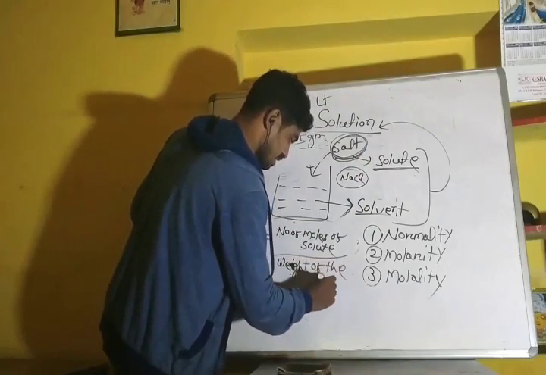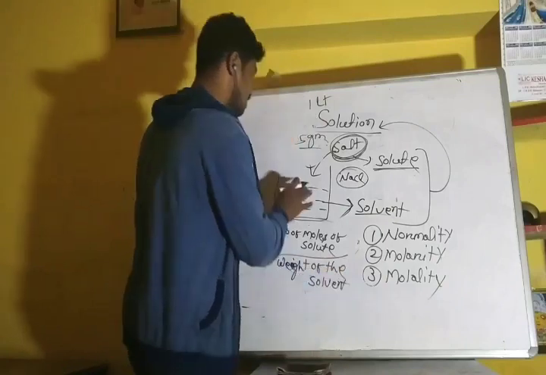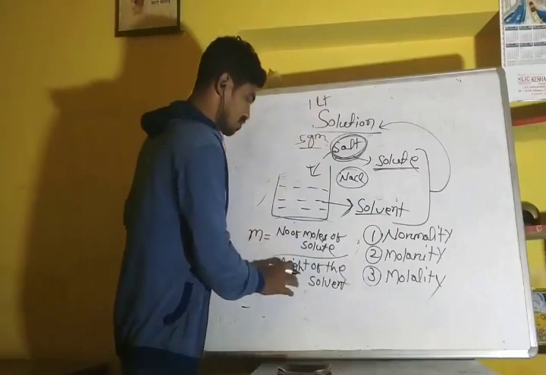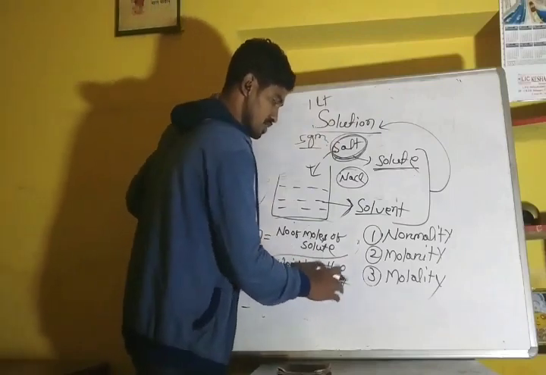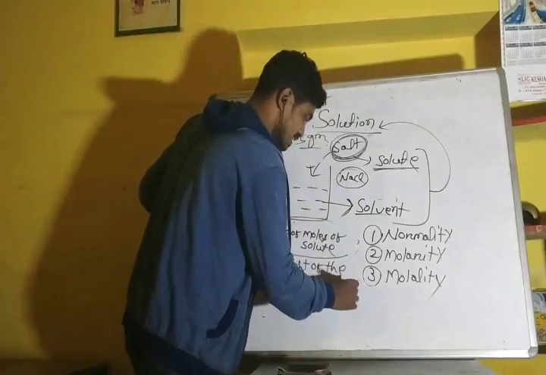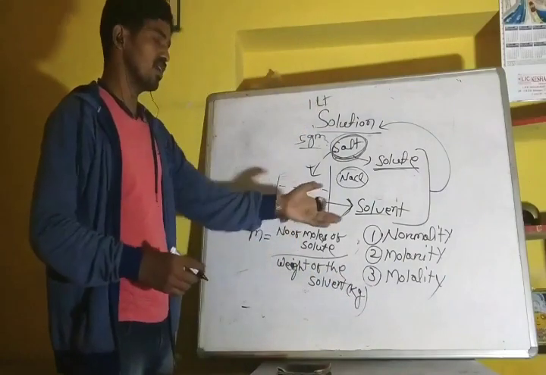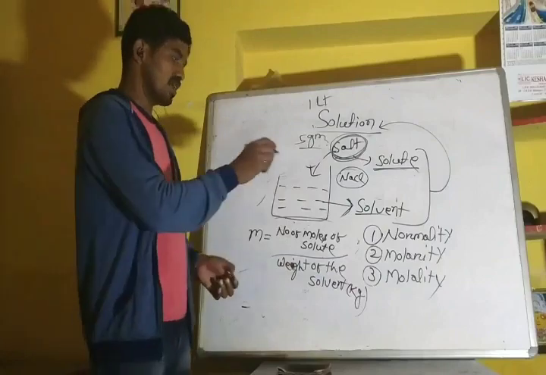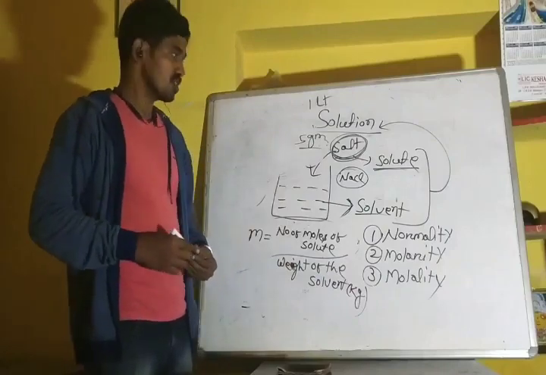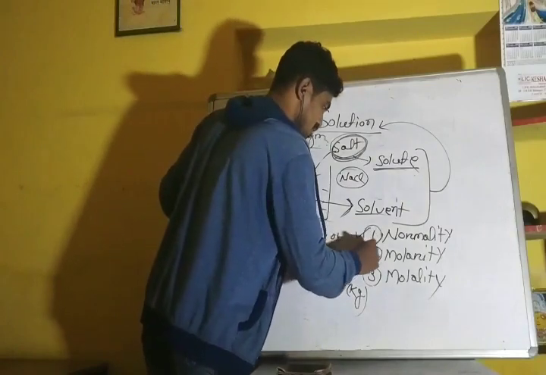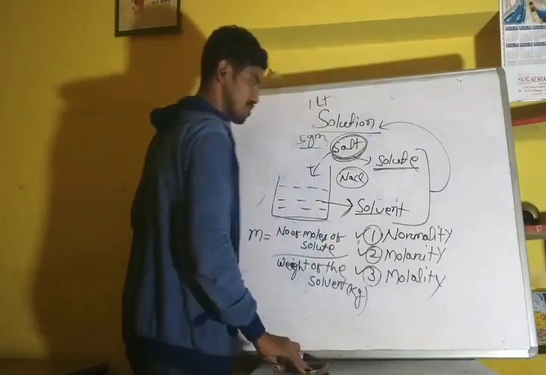Mark the point, that is the weight of the solvent, the weight of the water in kg. If it is given in gram, then we simply multiply by 1000. In this way we will find the normality, molarity and molality.